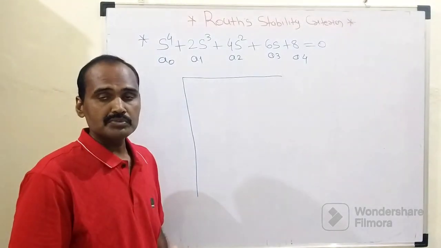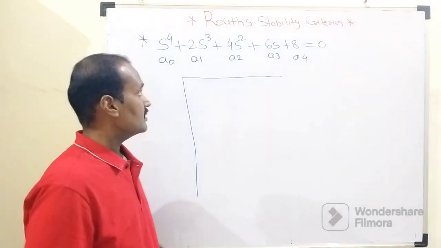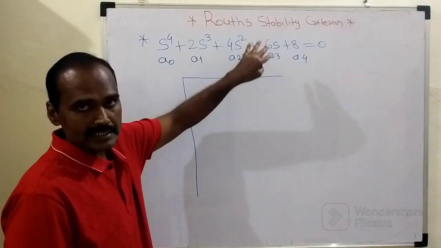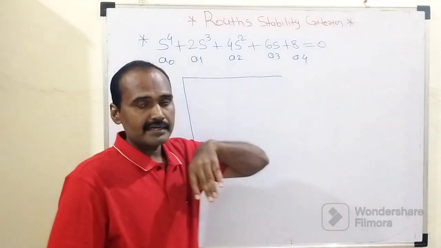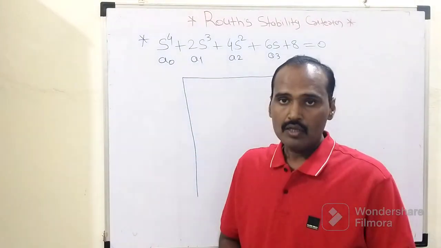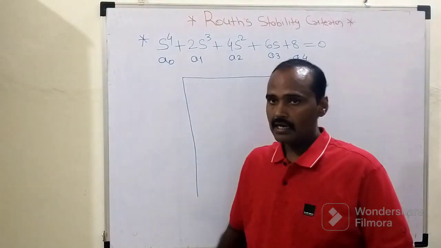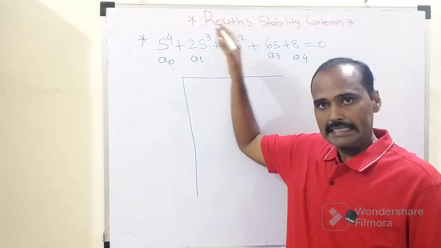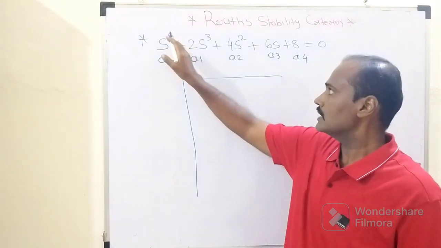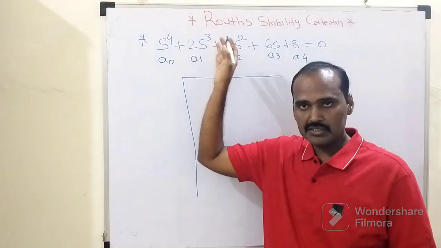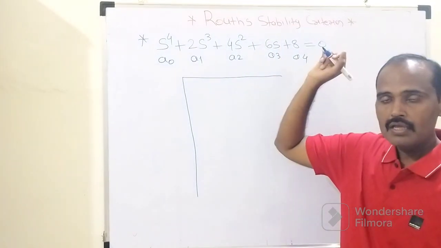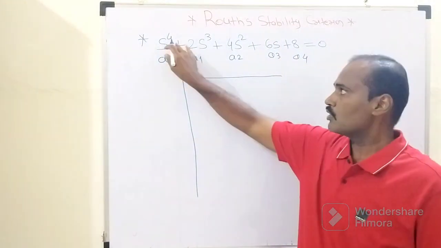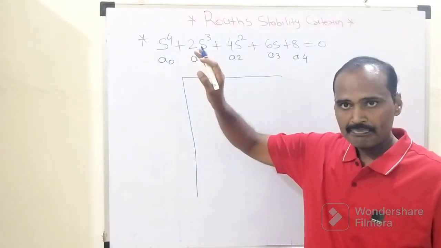Then we need to observe the highest power of S present within this characteristics equation. Similar to Hurwitz's criteria, the coefficients are written in descending order, starting from S raised to 4, S raised to 3, S raised to 2, S raised to 1, and S raised to 0. So obviously the highest power of S is 4 here, right?